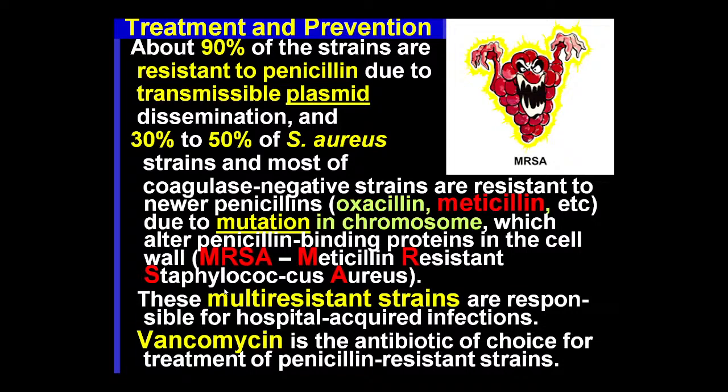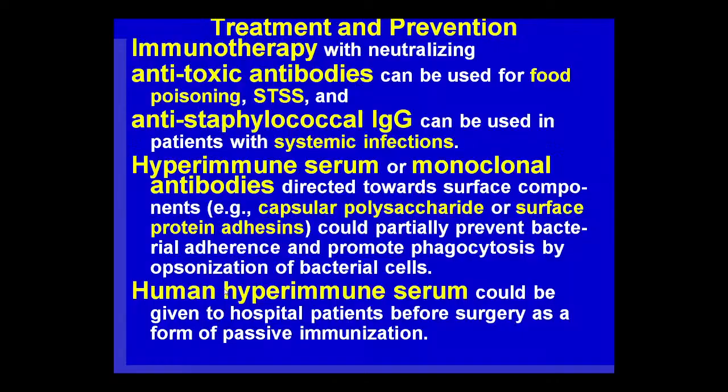So usually if we have these multi-resistant strains of staphylococci, the drug of choice will be vancomycin. That is also the drug of choice for penicillin-resistant strains of Staphylococcus aureus.